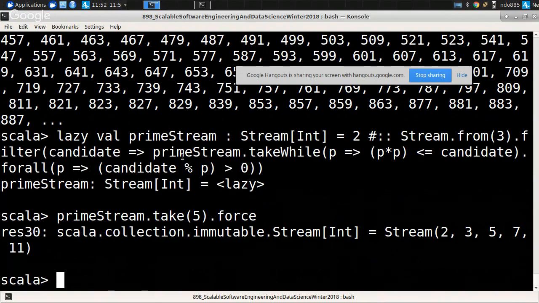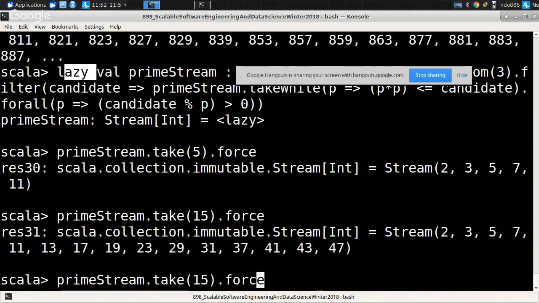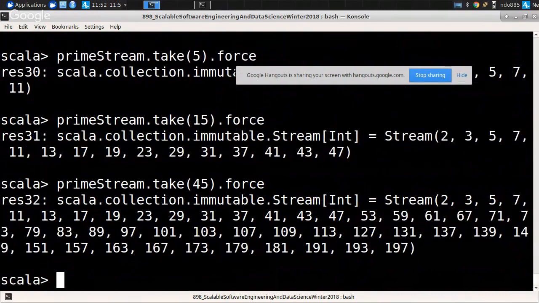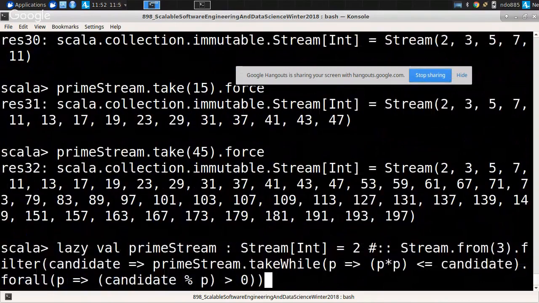And the reason it can be recursive is because this is lazy. So it only evaluates it when needed. It is defining itself incrementally based on its previous values. Do you see that?